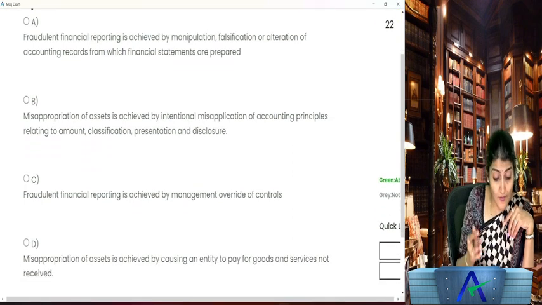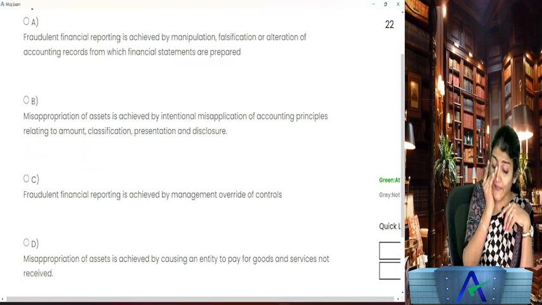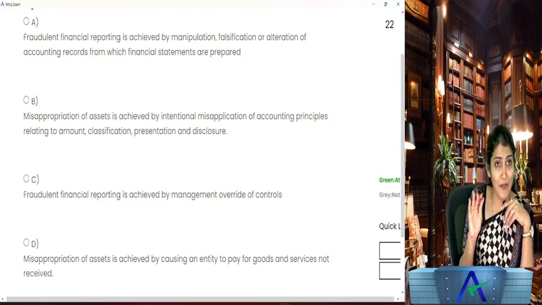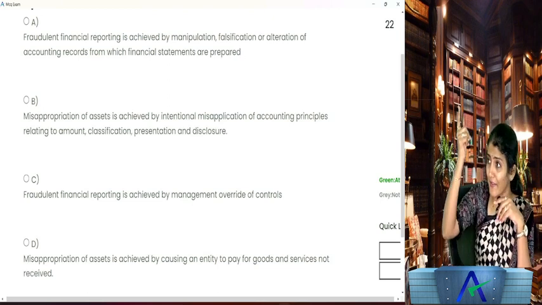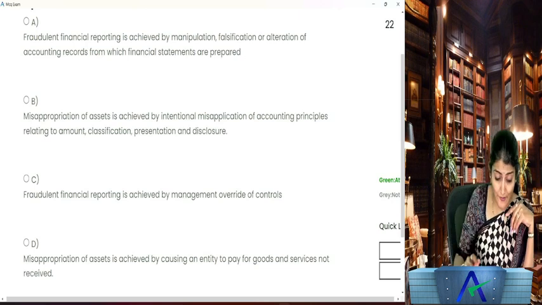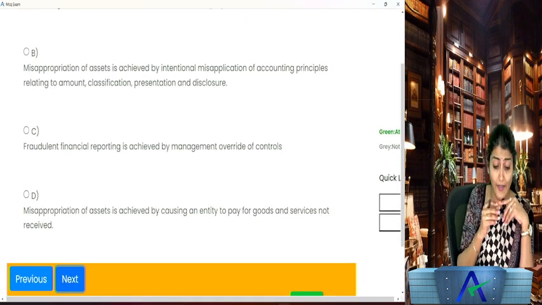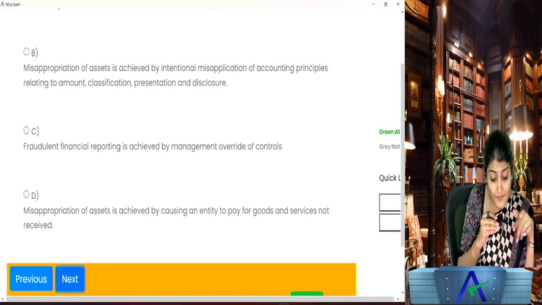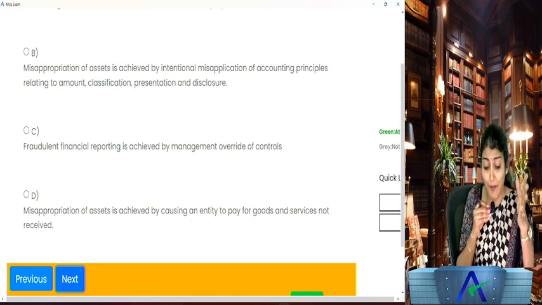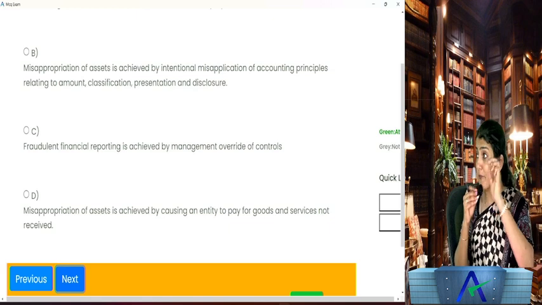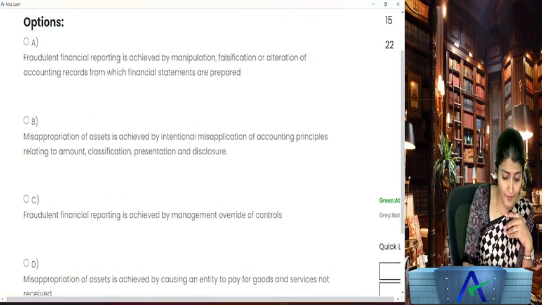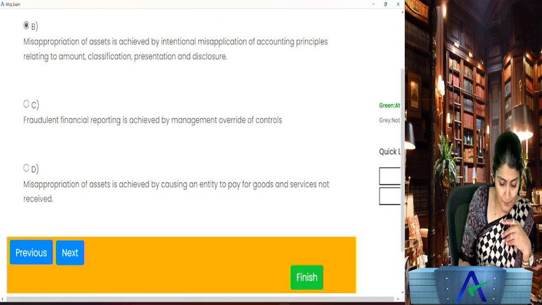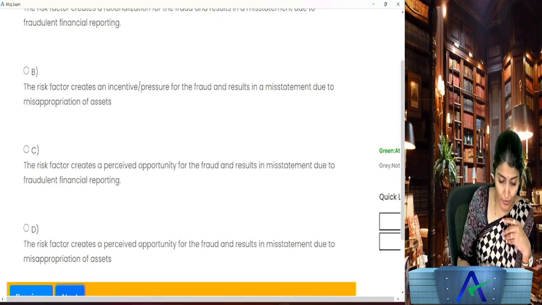Then, misappropriation of assets is achieved by intentional misapplication of accounting principle? No, that is also fraudulent financial reporting. Fraudulent financial reporting is achieved by that. Correct. And misappropriation of assets is achieved by causing an entity to pay for goods and services not received, right? So which is the incorrect option over there? Which of the following statements is incorrect? It is the B. Okay.